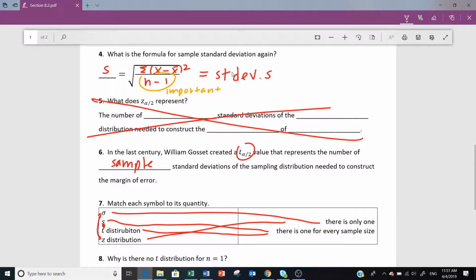I did say to do this individually first before discussing with partners, but that's okay. I think we all know the answer. 1 minus 1 equals 0. You can't divide by zero. Good. If n is 1, you're going to have 0 in the denominator. So you can't have a t-distribution for n equals 1. But you can have one for n equals 2 and n equals 3, etc.